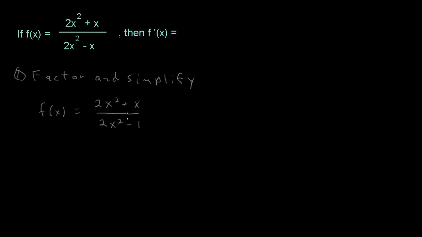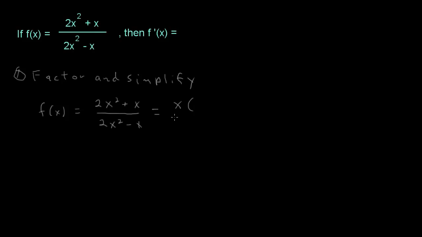And you're probably looking through and you've spotted something that you can factor out. There's a common factor of x actually in both the numerator and the denominator. So let's factor out the x, and then what would we have left in the parentheses?